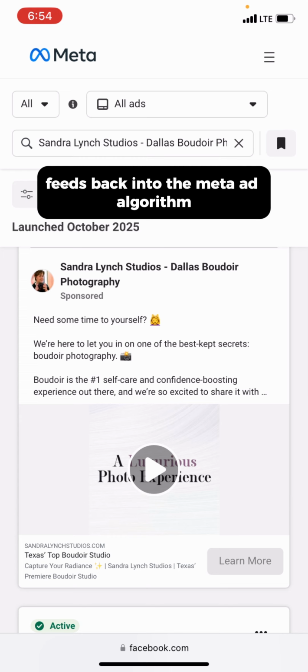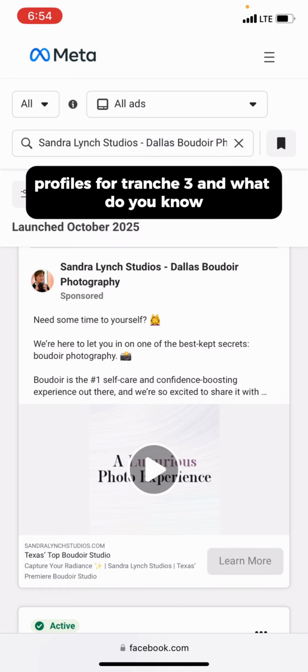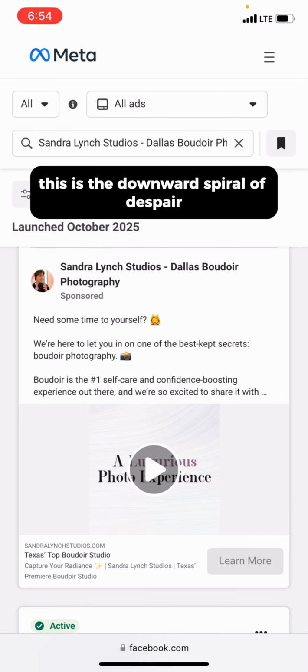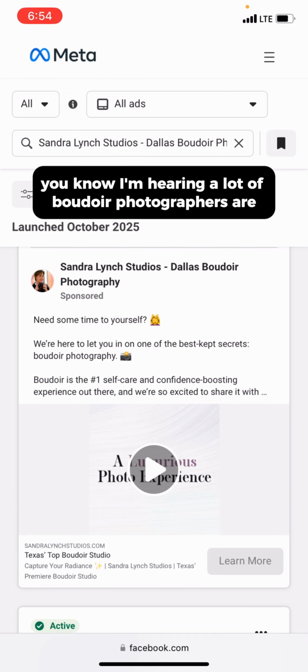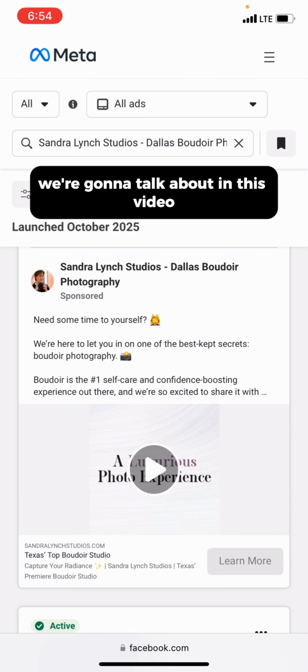It feeds back into the Meta ad algorithm, and we get even lower, worse Meta profiles for tranche 3. And what do you know? We get even lower conversion rate, same ad spend, even lower results. This is the downward spiral of despair that I'm hearing a lot of boudoir photographers are going through. And again, it's these 10 mistakes we're going to talk about in this video.